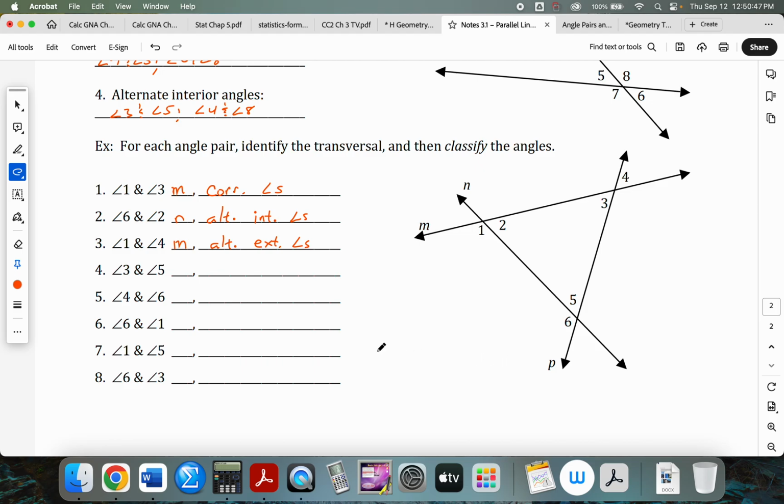All right, 3 and 5. What is the transversal? Anyone? P. And what type of angles are those? Same side interior angles.